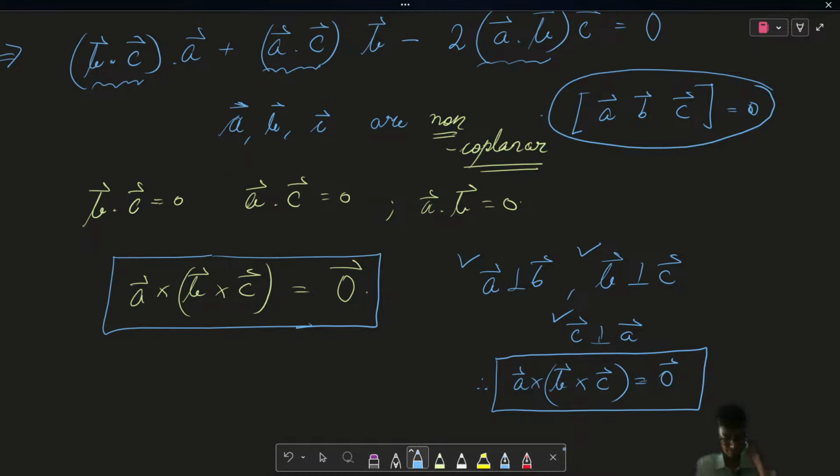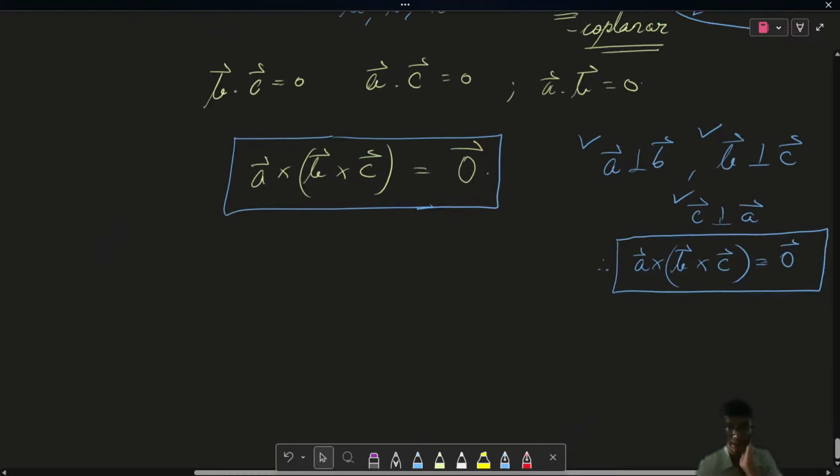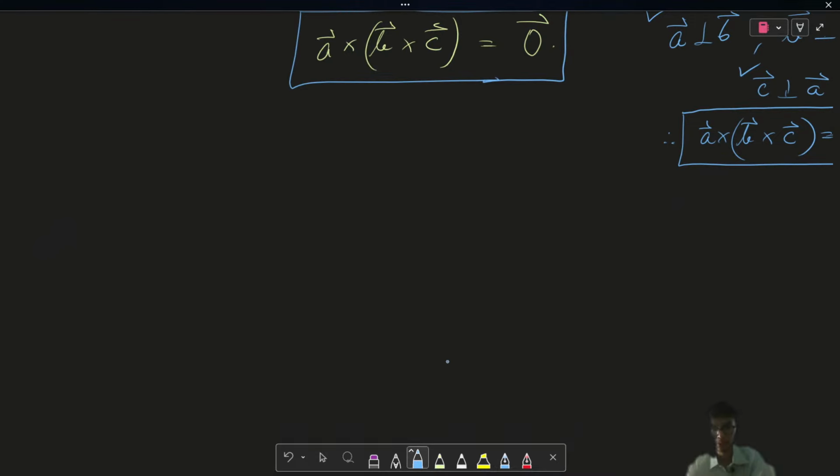So with this understanding, let's now define another system of vectors, which is called the reciprocal system of vectors.